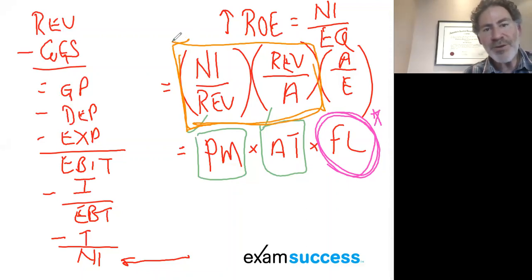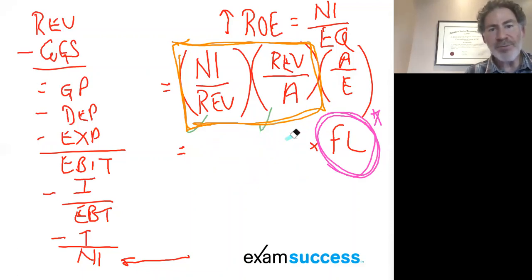So if I group these first two together, what does that mean? Well, let's just clear this off to give ourselves a little bit of room. So if I group those together, well, just remember the revenues cancel out and it leaves me with net income over the assets. Net income over the assets is known as return on assets.